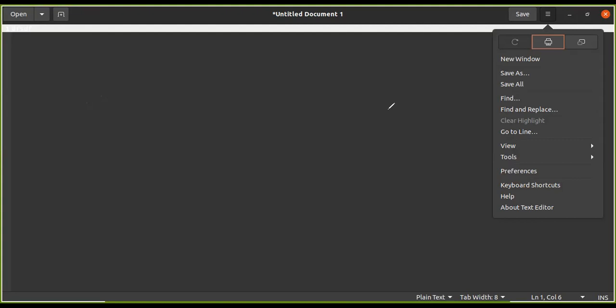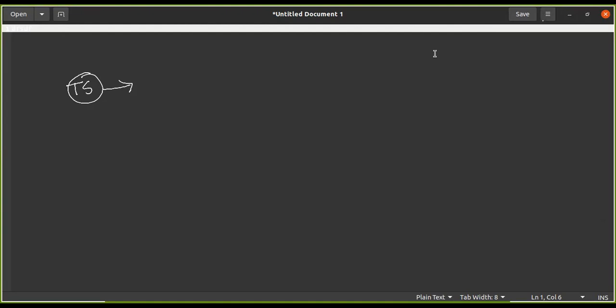Good. So we were talking about time series, and the first property we saw is that we need to have timed data.